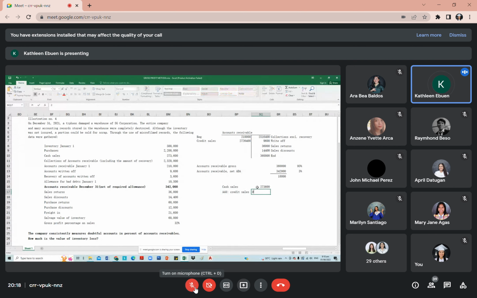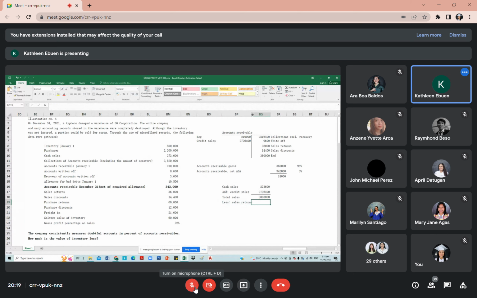We have 2,726,400. Okay. This will become our total sales. Magkano to? 3 million po. 3 million. Okay. And then, ilas na ngayon natin si sales returns.